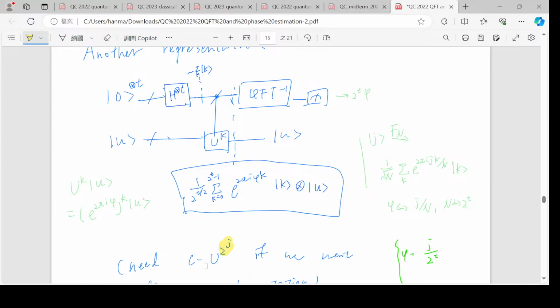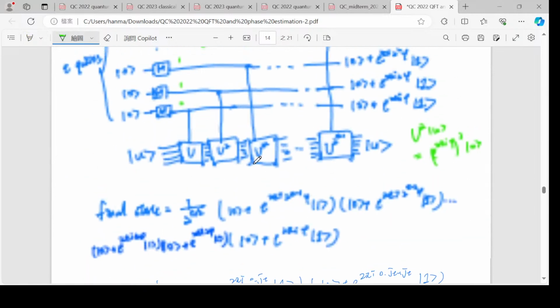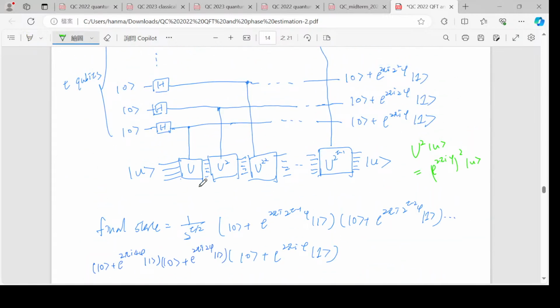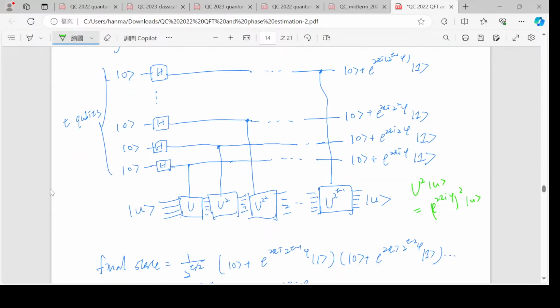But if you have controlled U to the 2 to the j, then you only need t controlled gates instead of 2 to the t. That's a lot of efficiency difference.